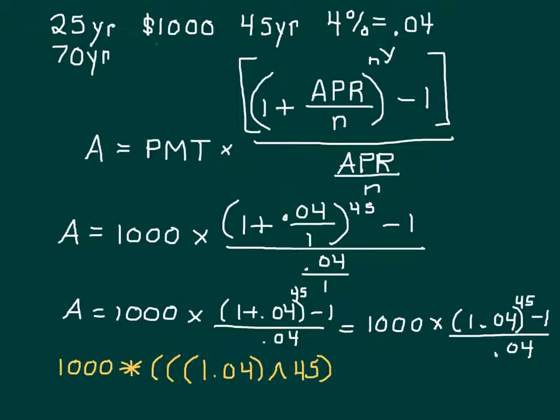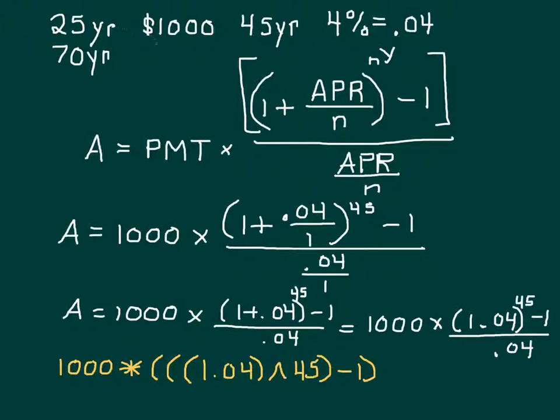So from this parenthesis to here is this expression, 1.04 raised to the 45. Then we subtract 1, and we close that.